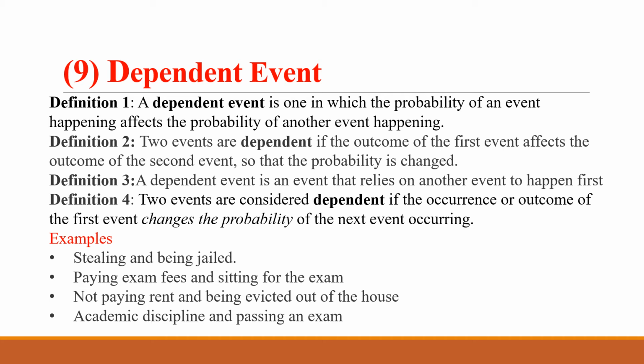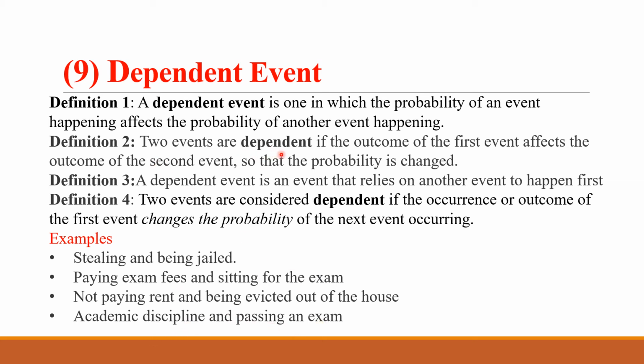Or if you're paying for an exam, if you're a student, then you're likely to sit for that exam. If you have not paid rent, you're likely to be evicted out of the house. If you have got an academic discipline, you're likely to pass an exam. So we're saying that one outcome leads to the outcome of the other.